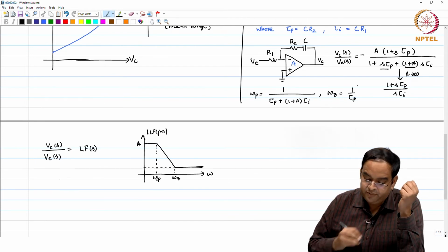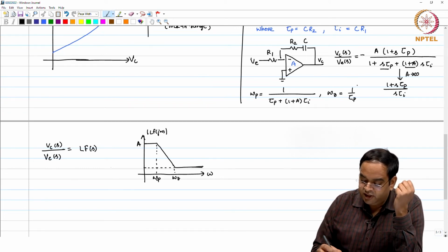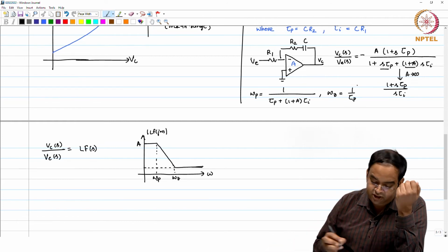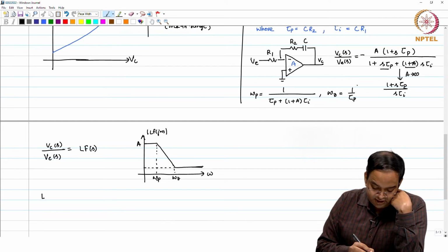This is omega p, right. And what is this value? You can find this value as s tends to infinity. You can substitute in the loop filter transfer function as s tends to infinity. So, I just want to find loop filter of s as s tends to infinity.